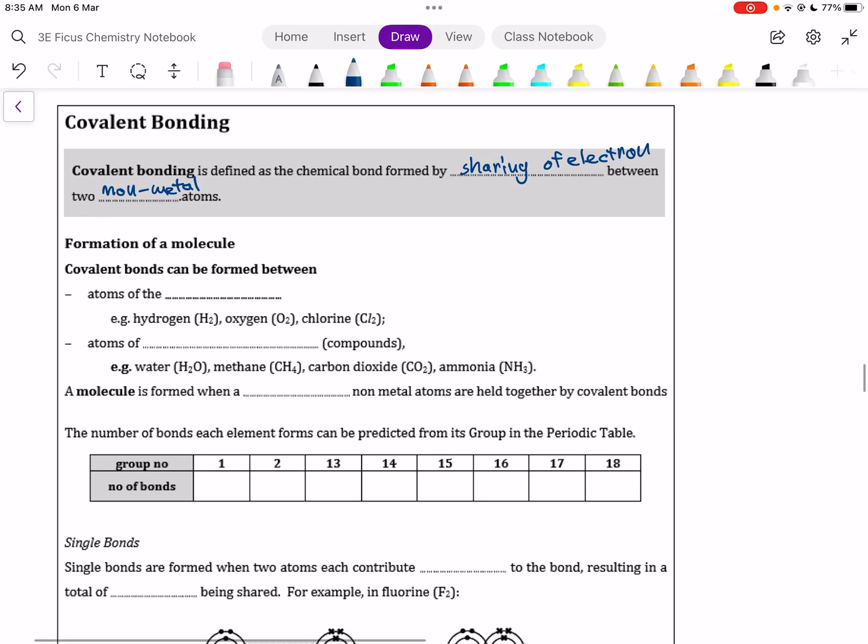Covalent bonds can be formed between atoms of the same element or otherwise different elements. Usually here we are dealing with molecules. Remember the definition of molecules is two or more non-metal atoms chemically combined.